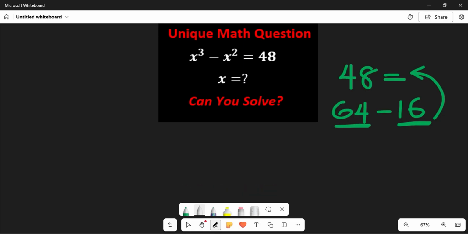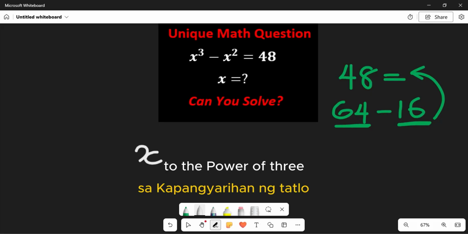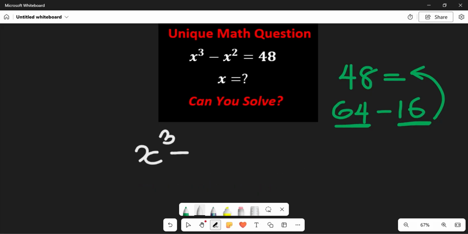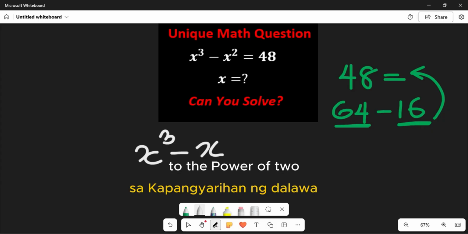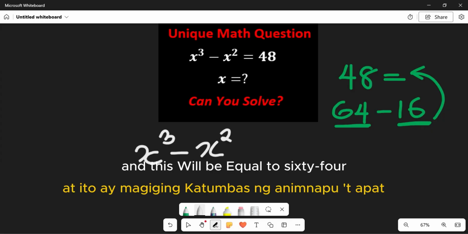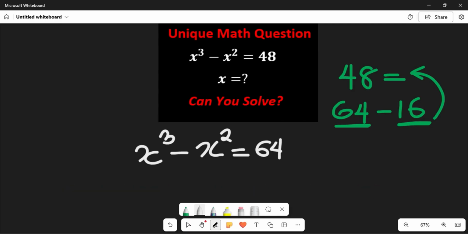So that solution is going to give me x to the power of 3 minus x to the power of 2, and this will be equal to 64 minus 16.